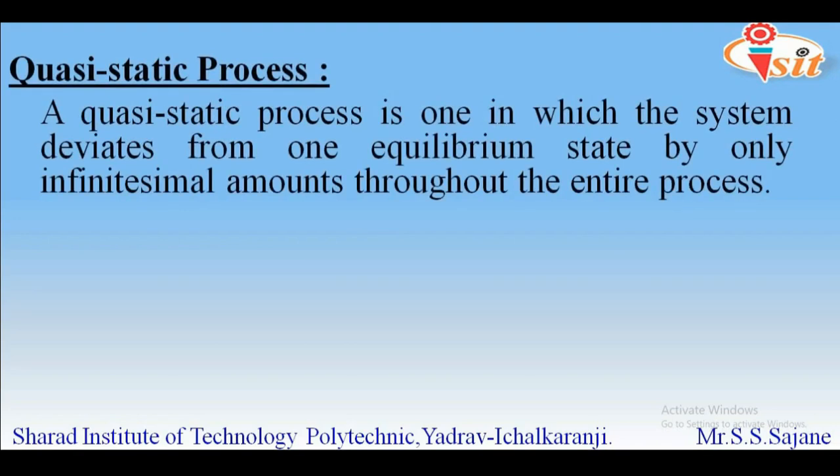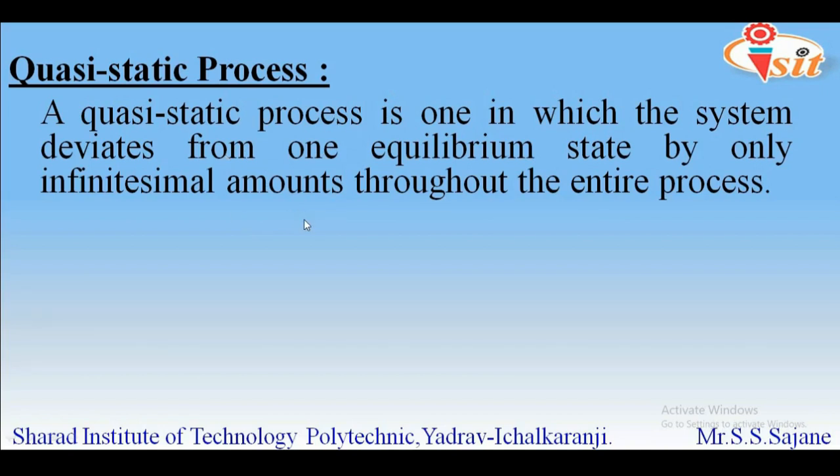Now we will see what is the meaning of quasi-static process. Many years back, this question was asked in the paper for 4 marks. So we will see the concept of this quasi-static process. A quasi-static process is one in which the system deviates from one equilibrium state by only infinitesimal amounts throughout the entire process.